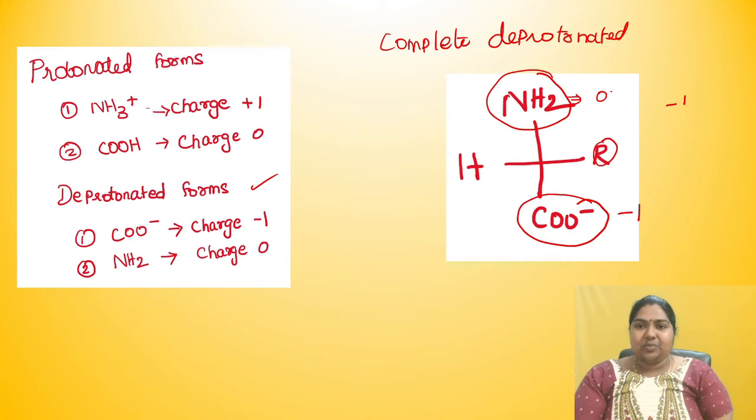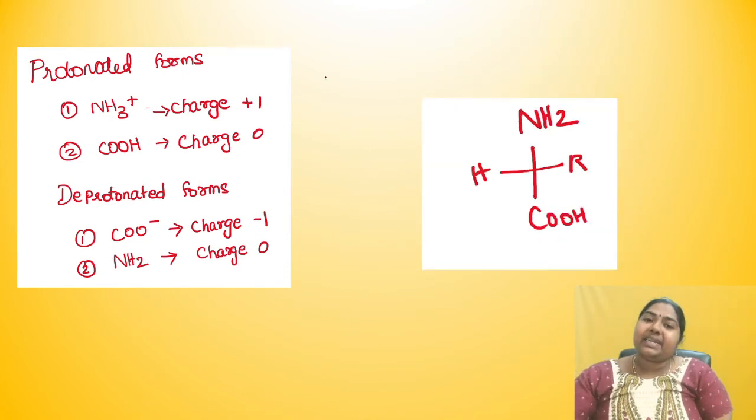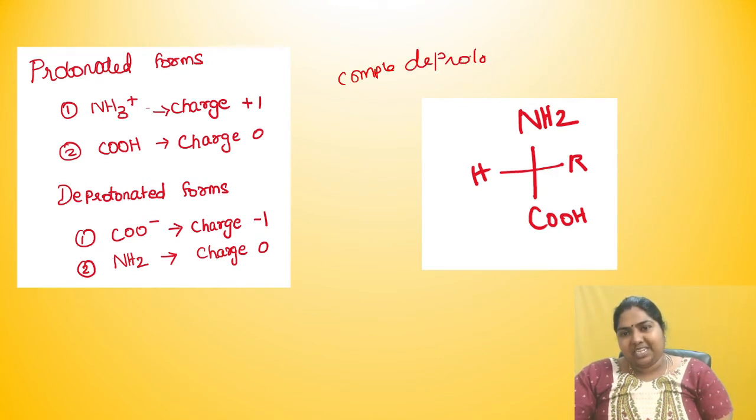There is going to be an incomplete deprotonation. See here, if there is going to be a complete deprotonation, what will happen? This is going to become NH2, this is going to become COO minus, H and R.